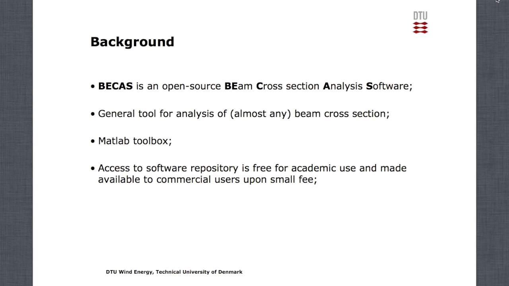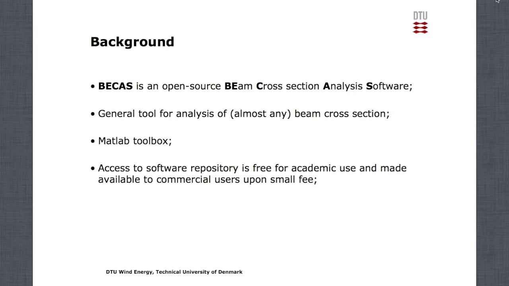So the background, as I told you, BECAS is an open source beam cross-section analysis software. This is a general tool for analysis of most types of beam cross sections. That is, it handles arbitrary types of geometry and materials with any type of anisotropy.